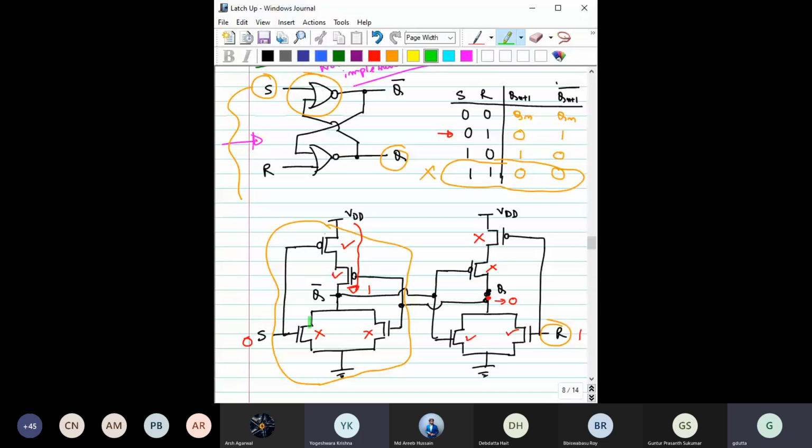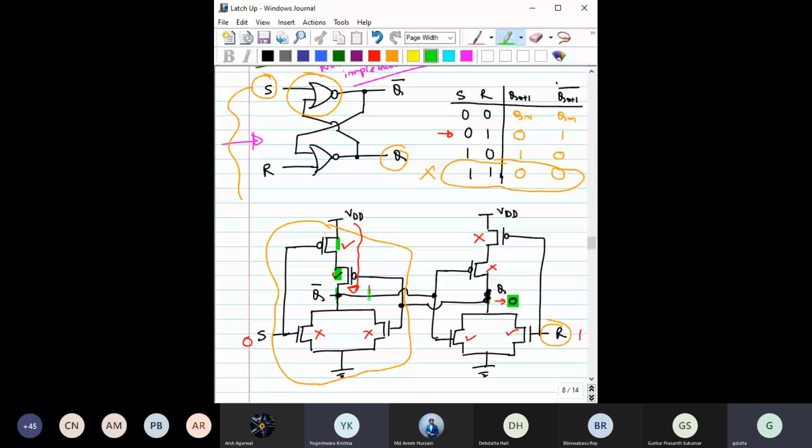Then, suppose for zero input, this transistor is off, this transistor is on. For input one, this transistor is off and this one is on. As this transistor is on, this terminal is already connected with the ground, so obviously this point goes to the ground level. Now this zero is driving this PMOS, so this PMOS has to be on. Then you see this point Q bar is connected through these two PMOS with VDD, so Q bar will rise to VDD, that means 1.